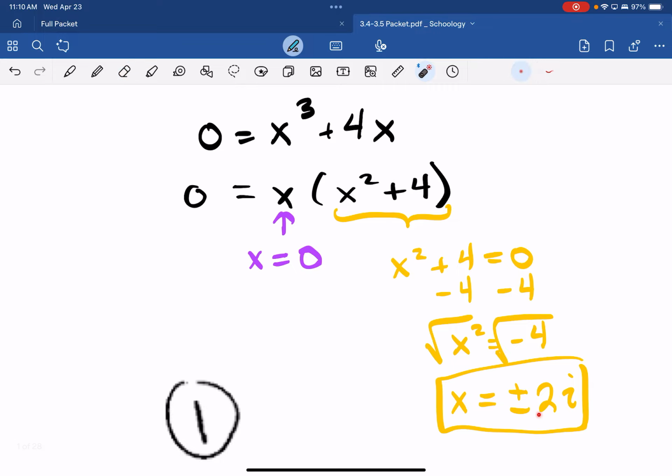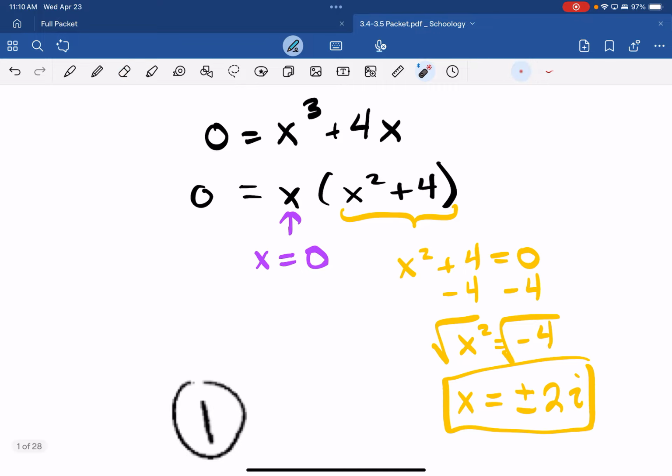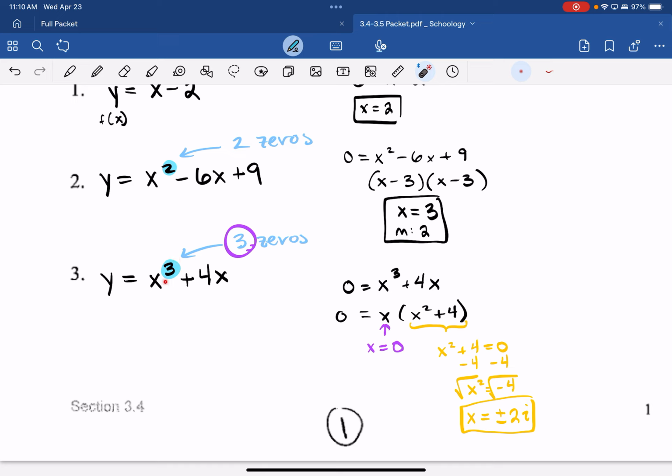So I have 1, 2, 3 zeros, which shows up out here. Okay? Now on a graph, all you would see is this 0. Okay, because the other one's imaginary. Okay, so on a graph, you only see it cross in one spot. But we know we've got to think about imaginary now.